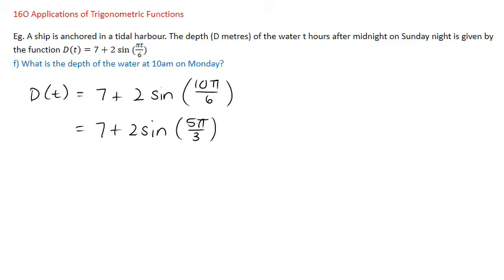I'll give you a hint. You've got to look at the unit circle. Oh, no, it's negative. You can do negative pi on 3.